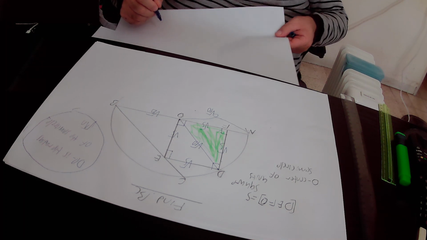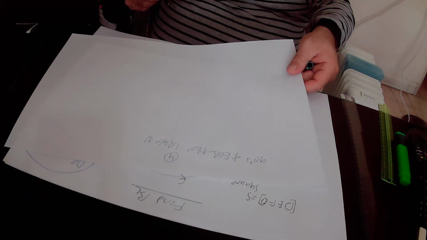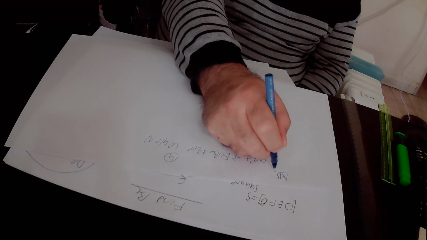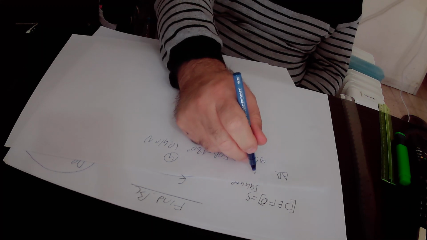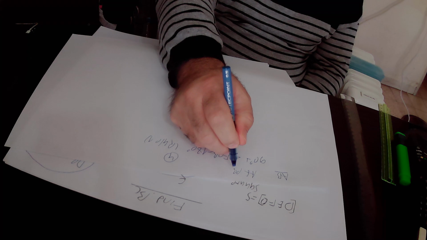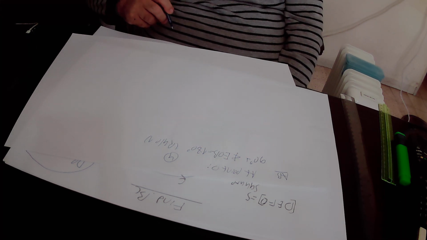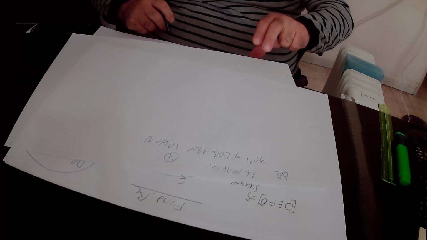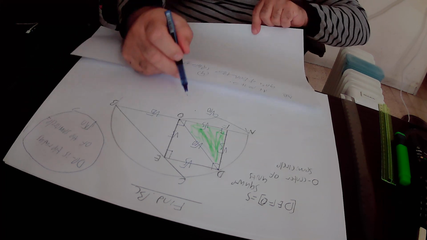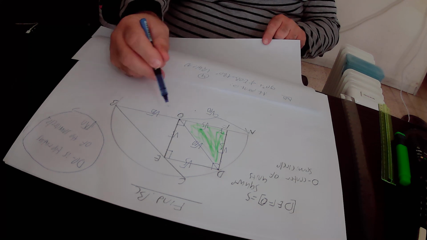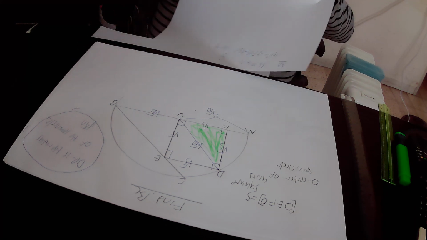I'll repeat again. In the upper side of the straight line AB at point O, the sum of the angles must be equal to 180 degrees. That is to say, this angle that is equal to 90 degrees plus the missing angle that is actually angle EOB, in total they must be equal to 180 degrees.